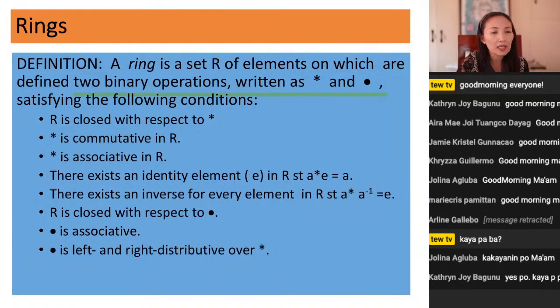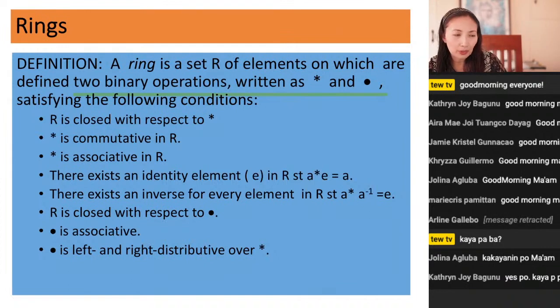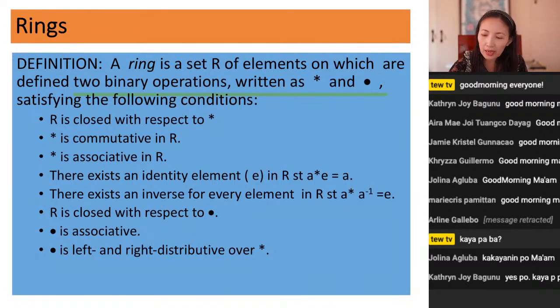For a group, how many conditions must be satisfied? How many properties must be satisfied? Only 4. Very easy for a group. Closure, associativity, identity, and inverse. But for rings, double it. 8. Okay? So, 8 properties should be satisfied. Okay, number 1.